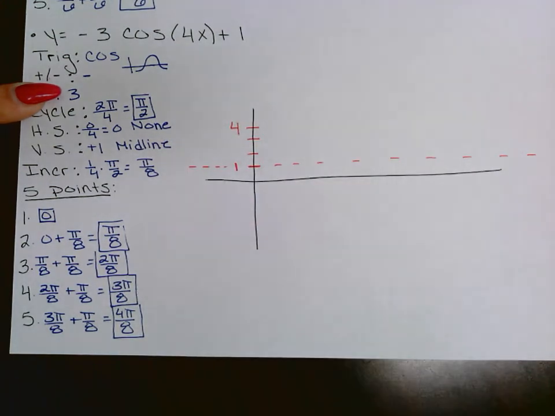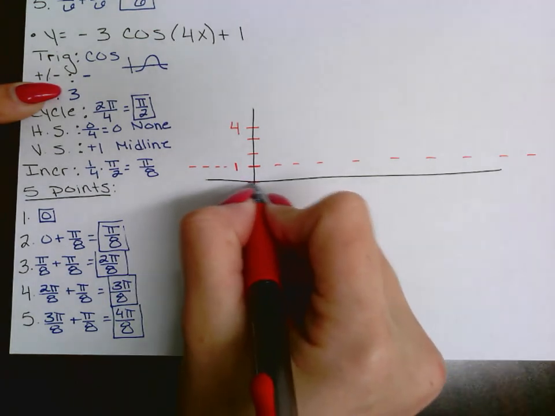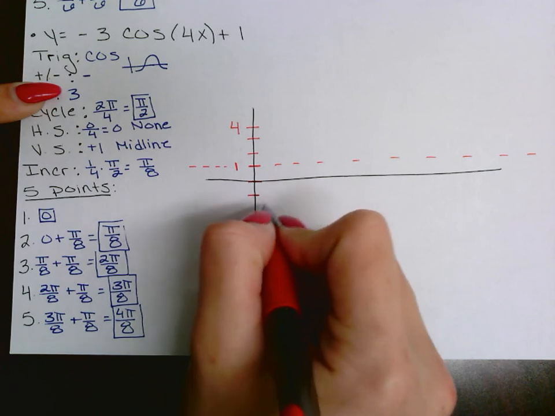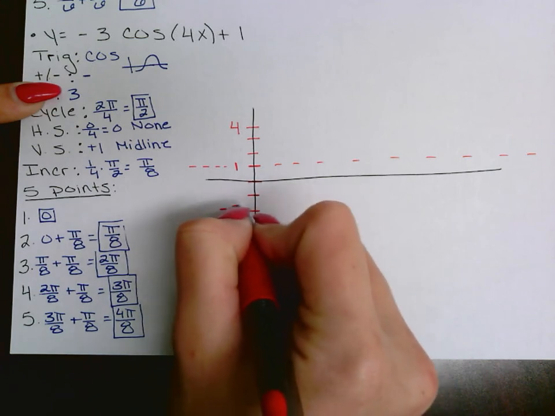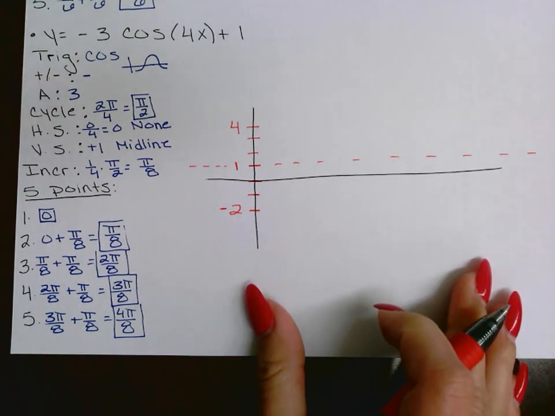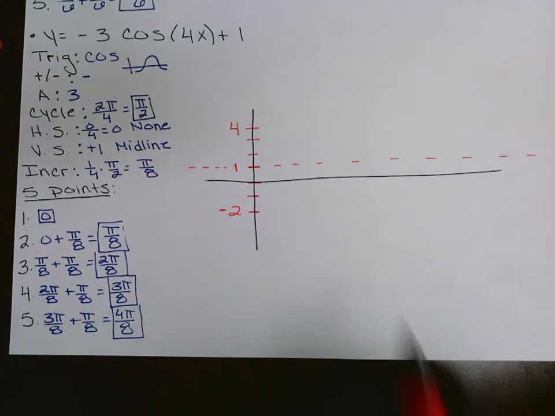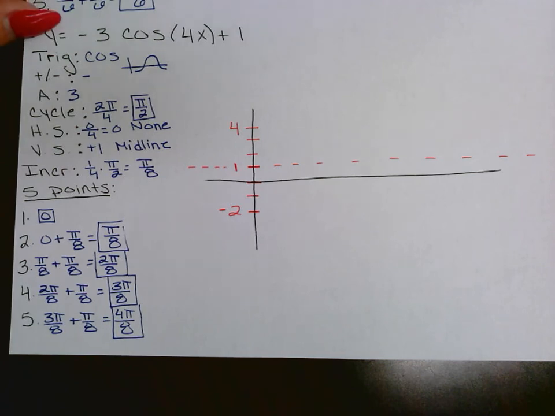And if I move 3 down from a positive 1, where do I land at? Negative 2. So I go down to 0, then to negative 1, then to negative 2. Okay? Whenever we have a vertical shift, these numbers are where I see the most mistakes on. So be careful, okay?